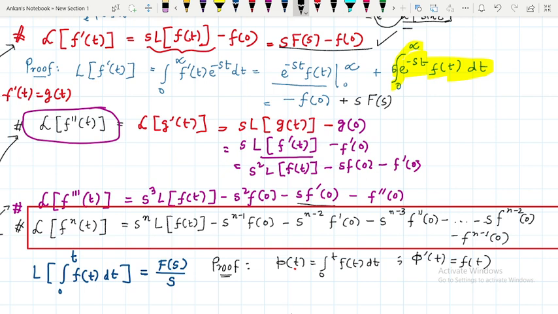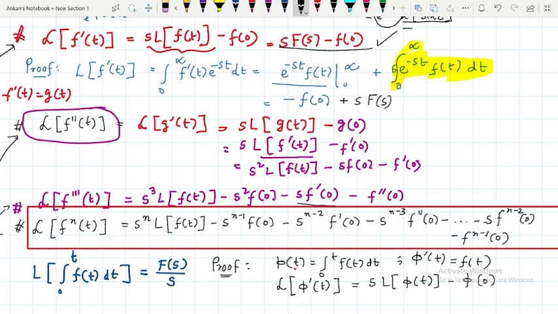You were asked to find the Laplace transformation of phi(t). Now for phi prime(t), if you do the same thing, you obtain s times the Laplace transformation of phi(t) minus phi(0).